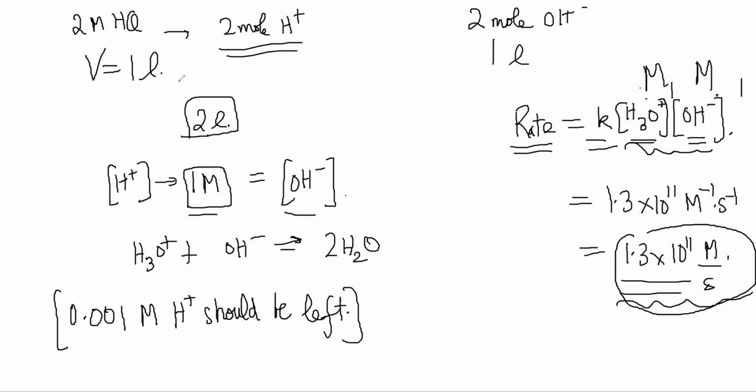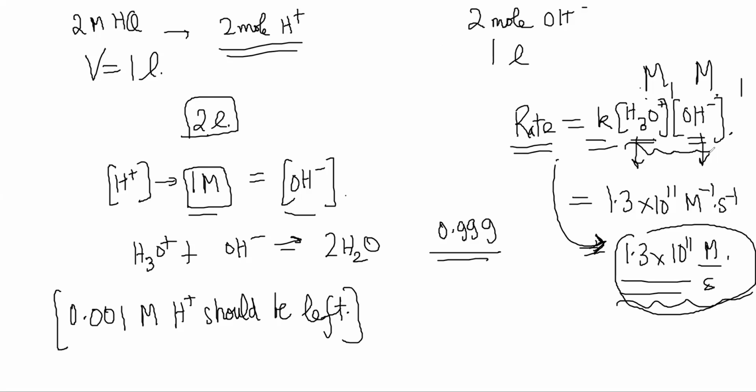So how much has reacted? 0.999 has reacted. See, this was the initial rate. The actual rate will be declining as the concentration decreases. You understand? So you have to use the second order reaction expression.